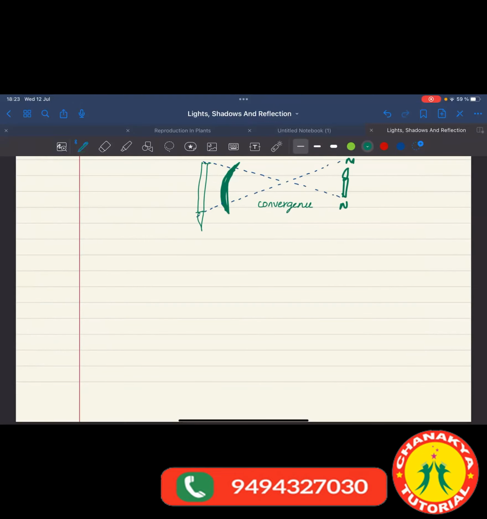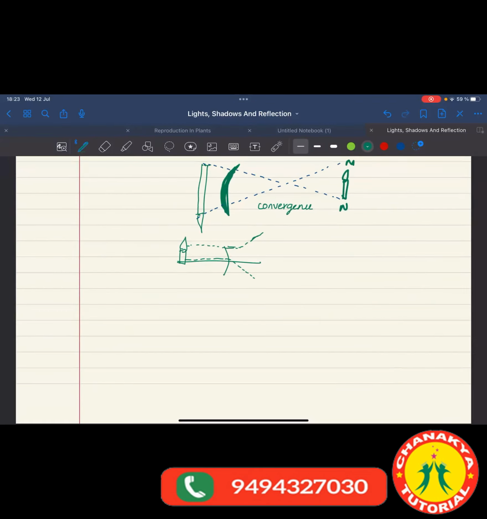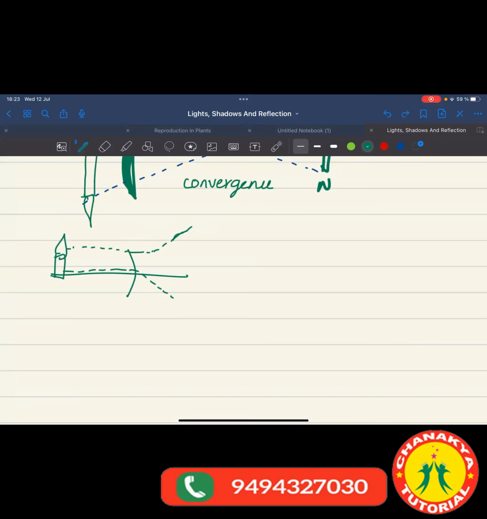In some mirrors, here is the object. The reflection goes like this and it moves away. It does not converge, it does not cross. I'll draw it in a more straight way.